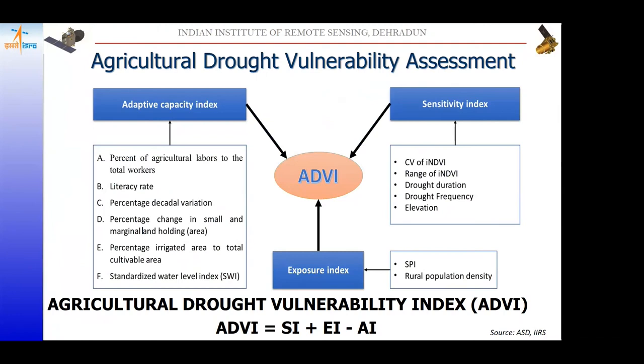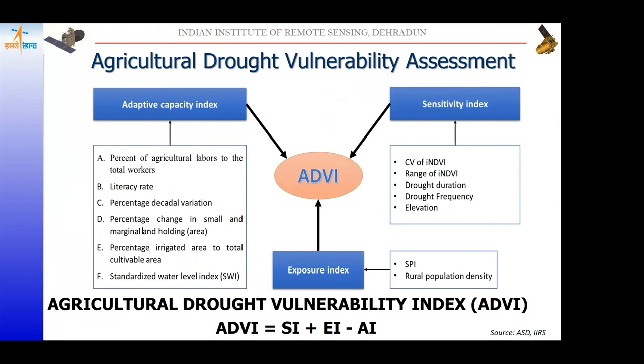Further, we did one project related to drought vulnerability assessment, which is very important because most researchers define agriculture drought in terms of assessment and monitoring, but not in terms of vulnerability. To compute vulnerability, you have to incorporate some socio-economic data sets also.